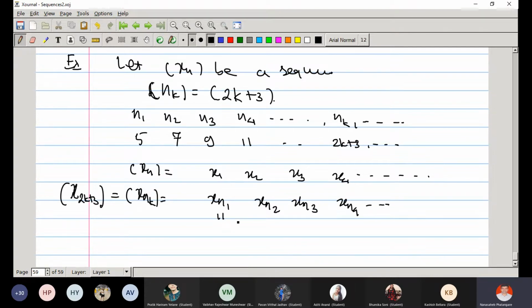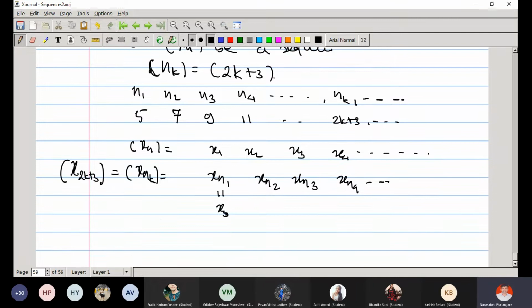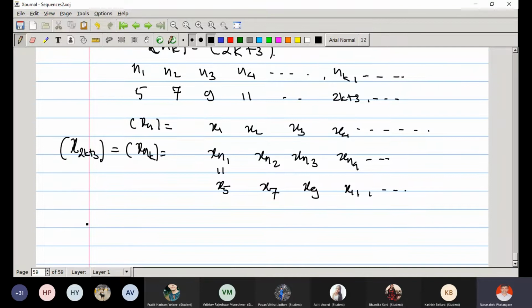But what is xn1? x5, because n1 is 5, then x7, x9, x11, and so on. So the original sequence is x1, x2, x3, x4, and so on, and the subsequence is x5, x7, x9. That means x1, x2, x3, x4 are deleted, then x6 is deleted, x8 is deleted, x10 is deleted. So in this way we got a subsequence, same terms.